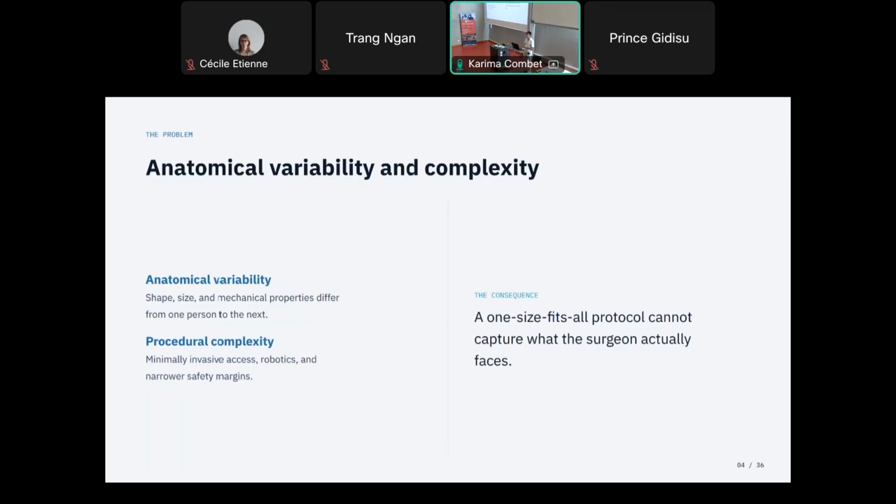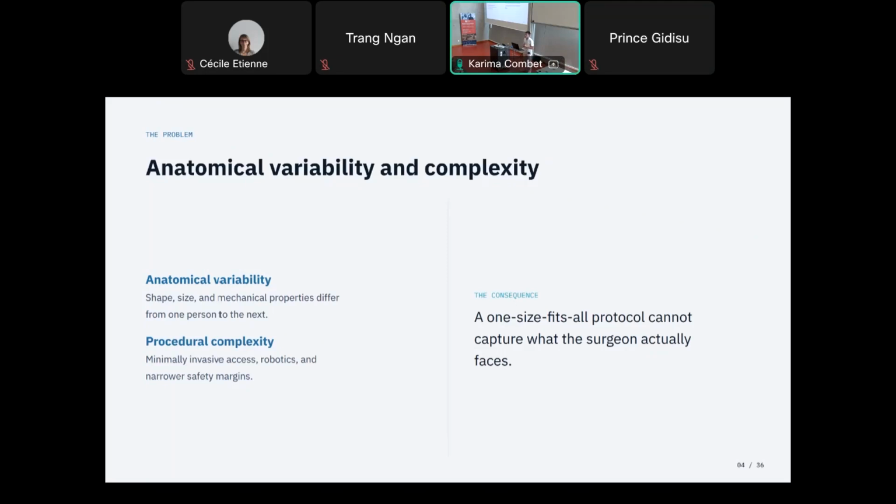But the reality is that patients are not average. Anatomical variability refers to natural differences in shape, size, and mechanical properties of the anatomical structures from one patient to the next. Two patients with the same diagnosis can have different anatomy, different conditions, and so on.